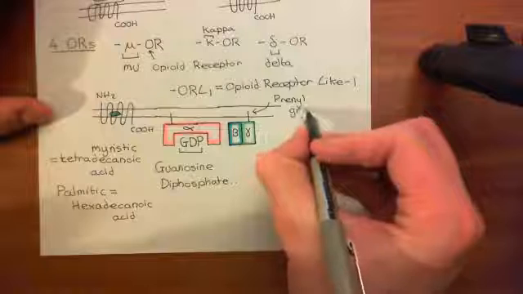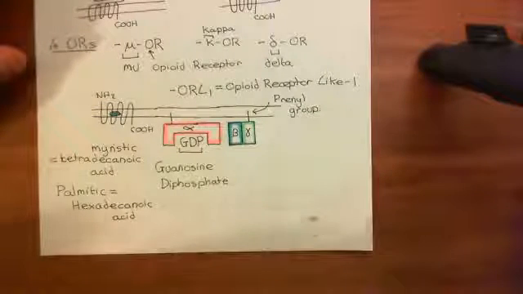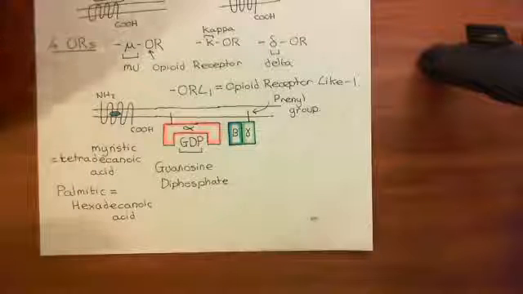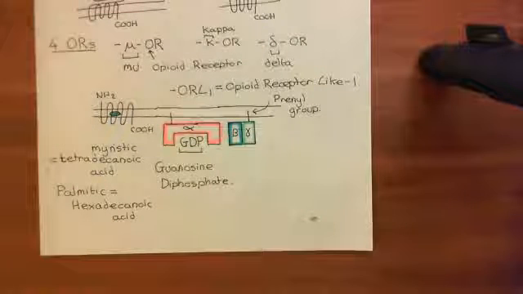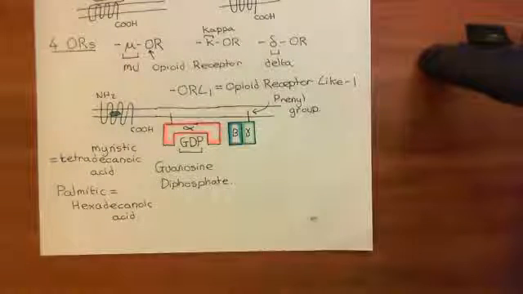Prenyl groups have a more complicated structure than myristic and palmitic acid. They are polymers or oligomers of isoprene. If you know what that means, great. If you don't, don't worry about it. If you want to find out more about it, I have an entire playlist on lipid modifications of proteins.